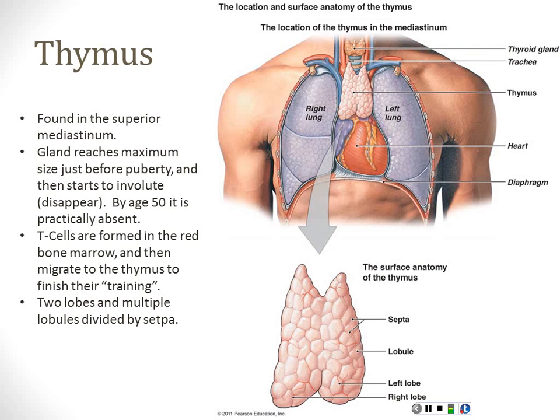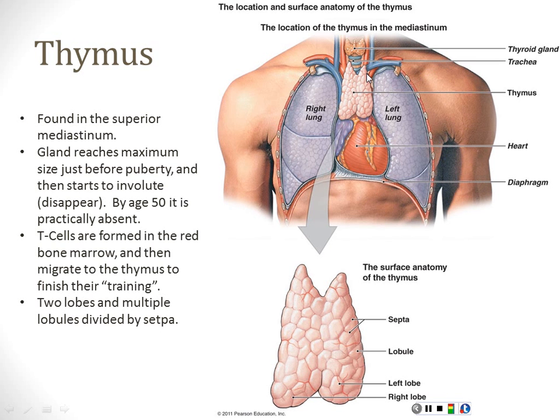All right. So the second class of lymphoid organs is the thymus. Not to be confused with the thyroid. The thyroid gland sits just underneath the Adam's apple. The thymus gland sits below the level of the clavicles, as you see the clavicles here coming straight across.